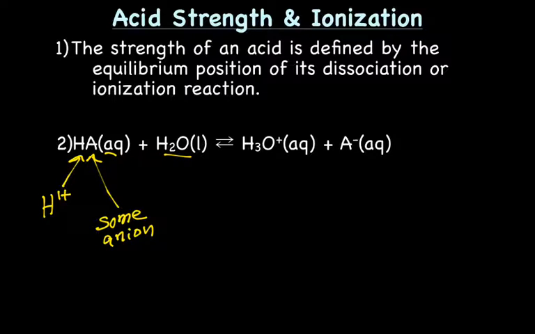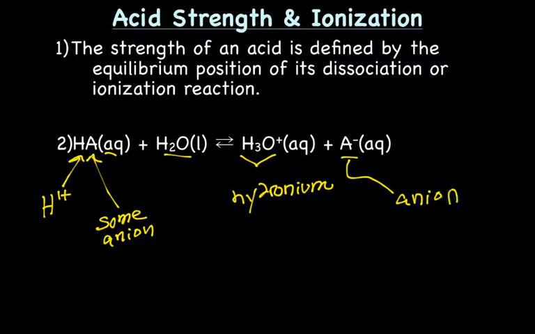What that results in is H3O+, or hydronium ion, and remember, that's a measure of acidity, and the anion floating along by itself. So this is an equilibrium reaction of an ionization reaction.